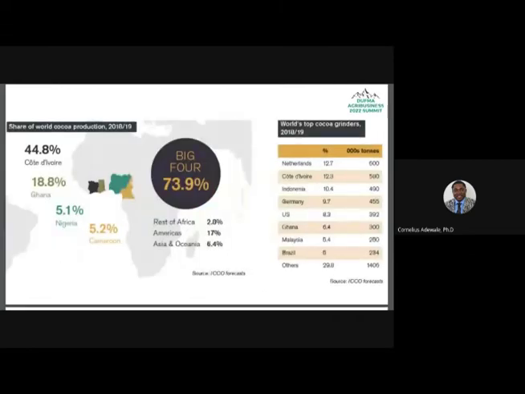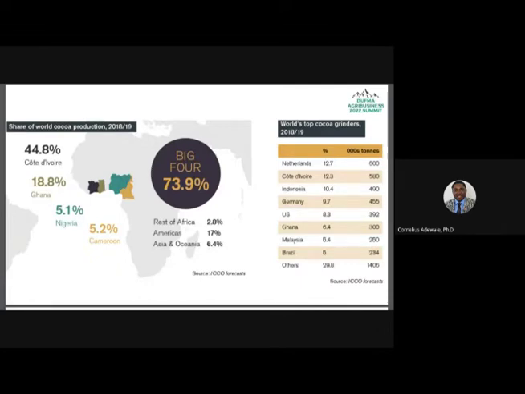For instance, let's talk about cocoa a little bit. In terms of the production of cocoa in the whole world, we call them the big four: Nigeria, Ghana, Cote d'Ivoire, and Cameroon. We're responsible for almost 74% of the global production of cocoa. But when you look at where the real value is, one of it is the grinders, right?